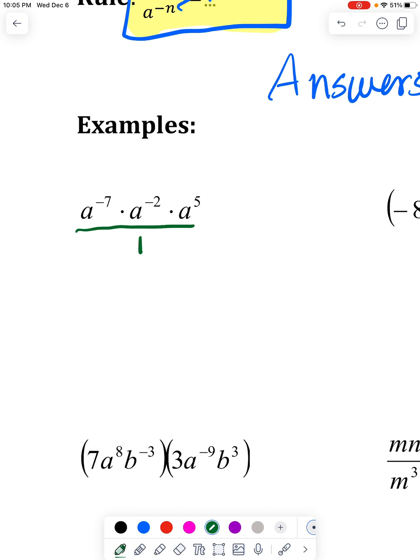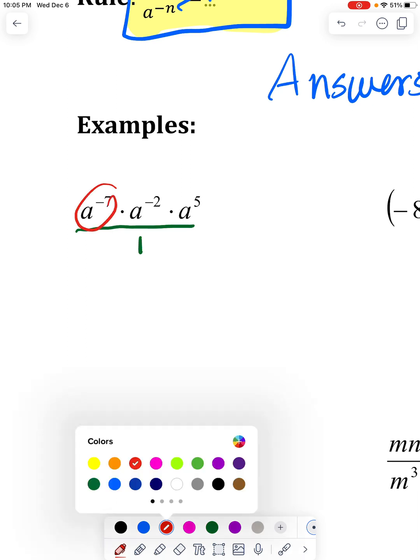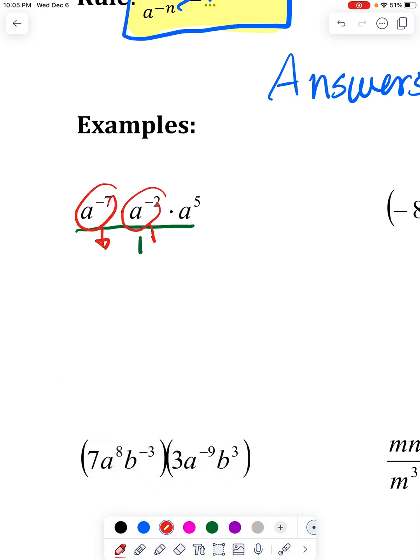So I'm going to end up taking this and move it down, this and move it down. And so at that stage, I'll have my a to the 5 that didn't move. I'll have an a to the +7 and an a to the +2 on the bottom. Then my third step says to look across, side to side, and see if anything combines.